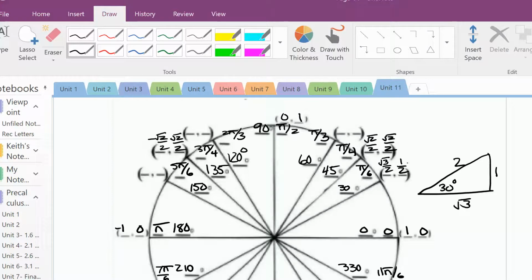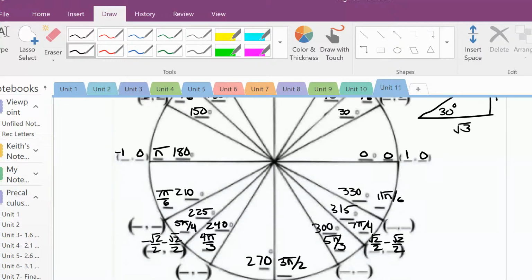So then in the second quadrant, when it's pi over 6, it's just going to be negative rad 3 over 2 and 1/2. In the third quadrant, they're both negative. And in the fourth quadrant, the x is positive and the y is negative.